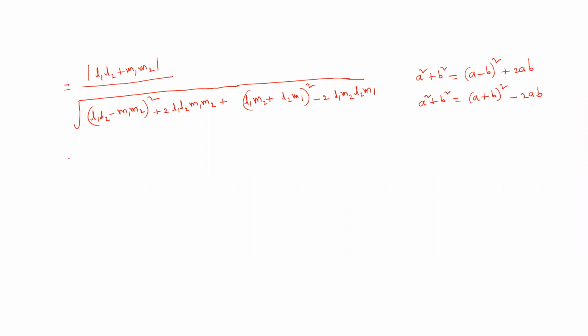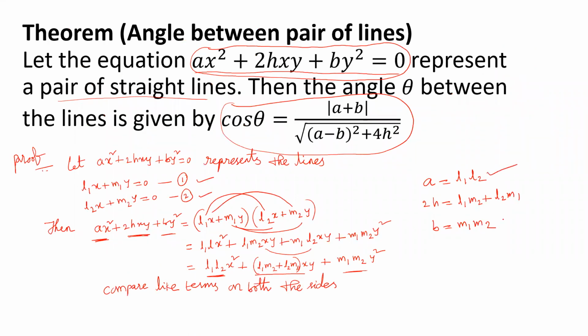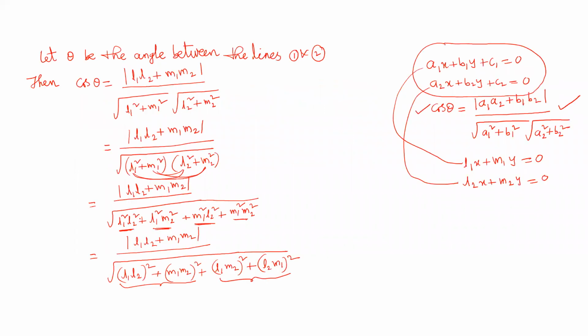Next term, mod of. Now I am going to replace L1 L2 by a, plus M1 M2 by b in the numerator, from our assumption. In the beginning we have compared, so a is L1 L2 and b is M1 M2.